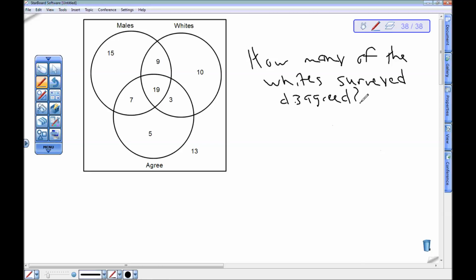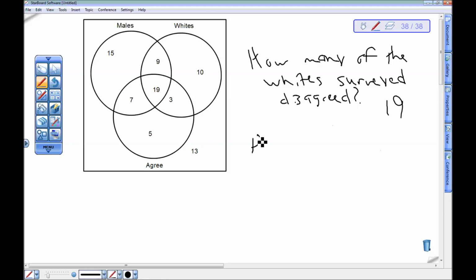Well, people that agree are all in this circle here. So people that disagree are outside of that circle. People who are white that are outside of that circle are this 9 and this 10. So of all the people surveyed, there are 19 whites that disagreed with whatever this question was. So 19 people that were white surveyed and disagreed.